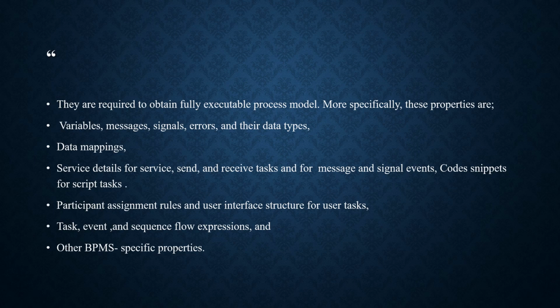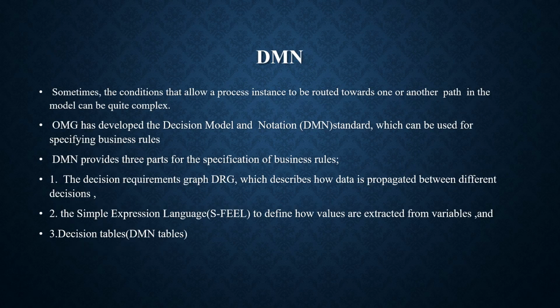More specifically, the required properties are variables, messages, signals, errors, and their data types; data mappings; service details for service, send and receive tasks, and for message and signal events; code snippets of script tasks; participant assignment rules and the user interface structure for user tasks; task, event and sequence flow expressions; and other BPMN-specific properties.